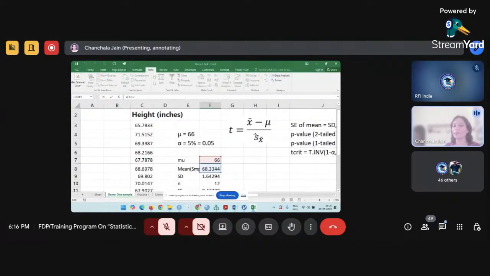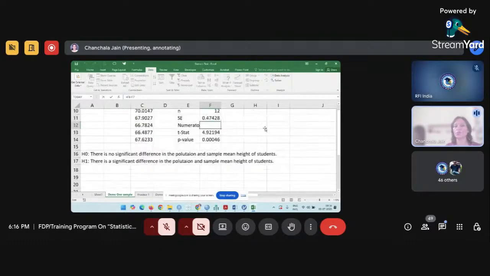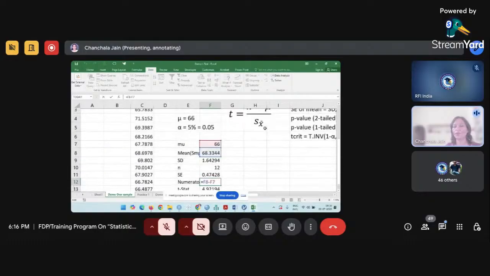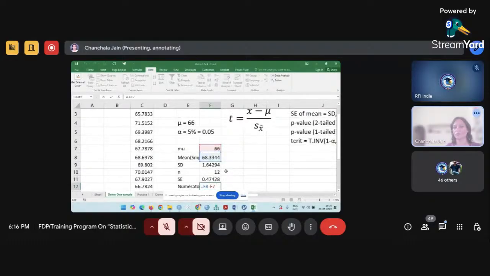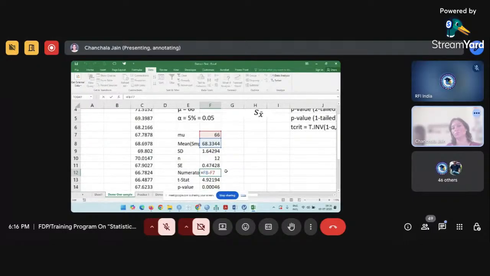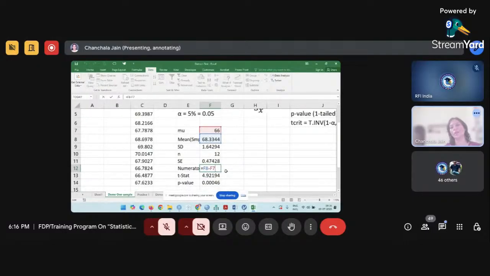Only see what formula is asking you. It is asking you in the numerator the difference of your means. So that way, I calculated the numerator as the difference of the means. Done. Just a minute, ma'am. 2.33.